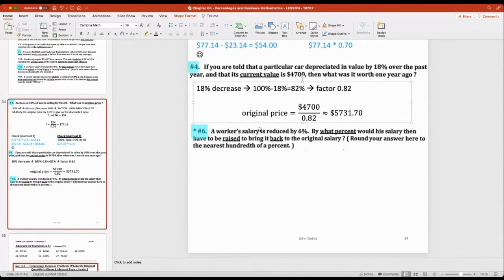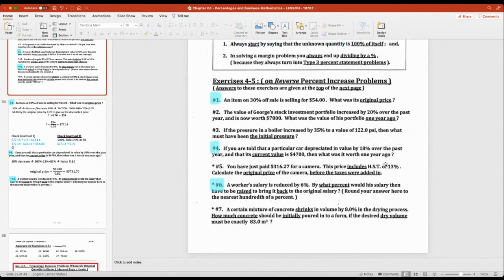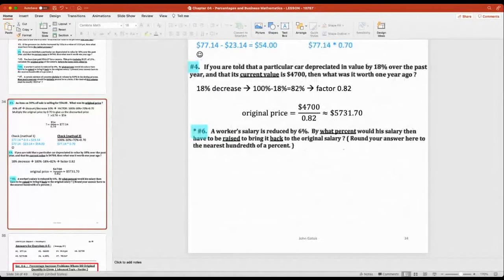So I just selected a few here that involve decreases, but maybe we should do one that's an increase. So instead of doing 6, for those of you that have started 6, my sincere apologies. I'm going to do 5 instead because I want to do one that's an increase.